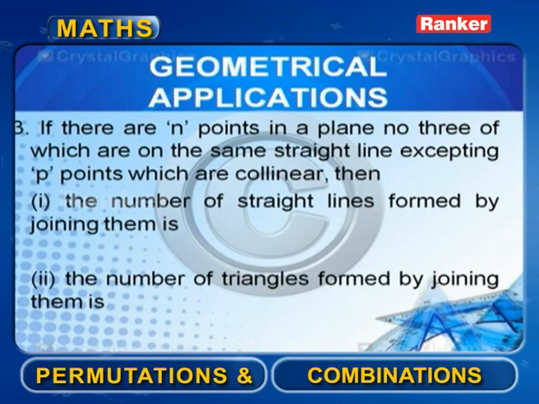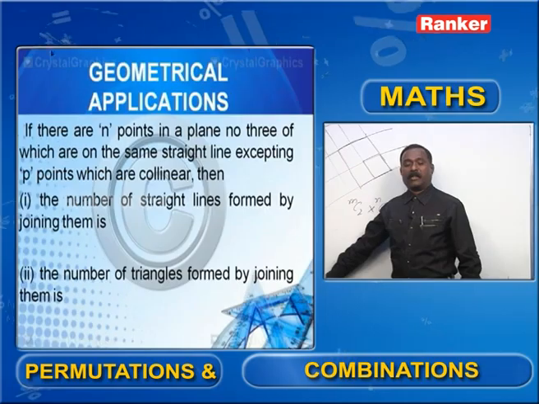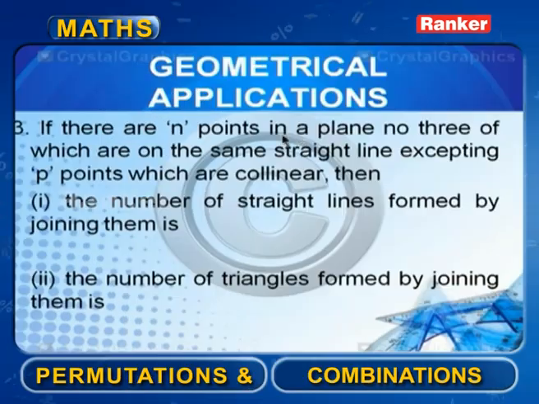If there are n points in a plane, no three of which are on the same straight line, excepting p points, which are collinear, then the number of straight lines formed by joining them is. Follow that carefully, please. If there are n points in a plane, how many points are there in the plane? N points.